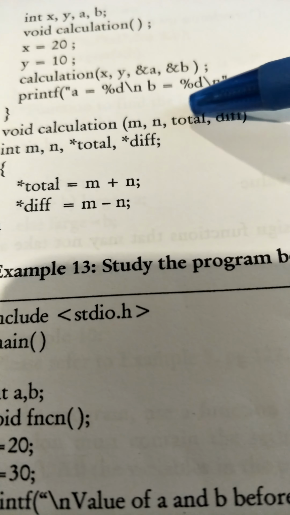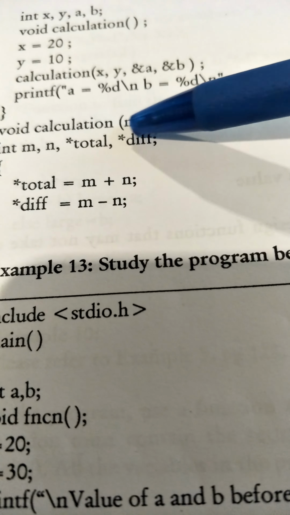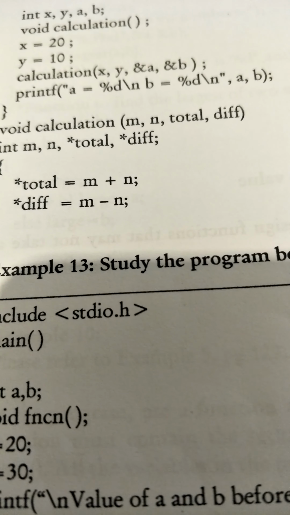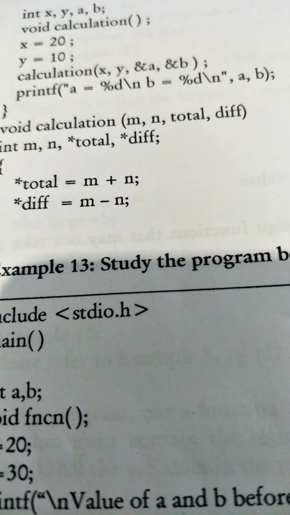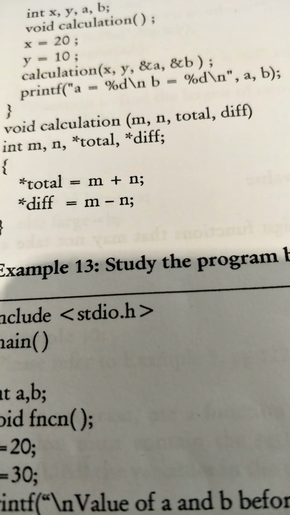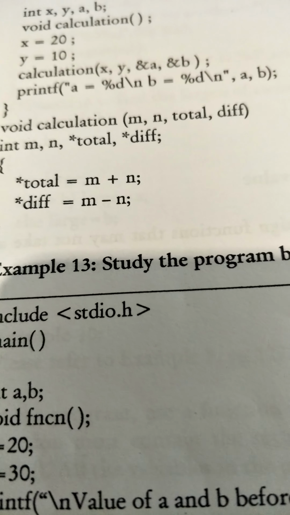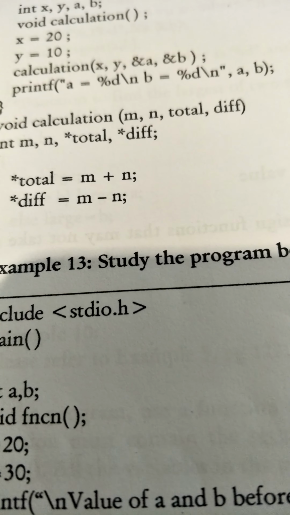So this one is for the return value, and this one is for passing values from the main program to the function. So you can see the communication between the main program and the function.